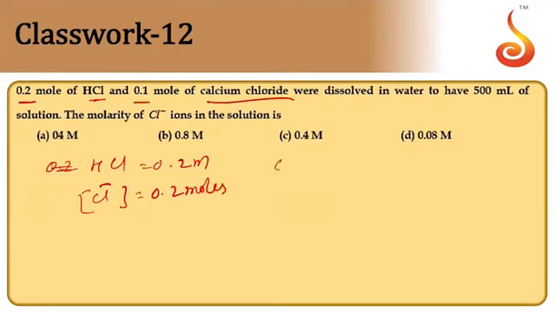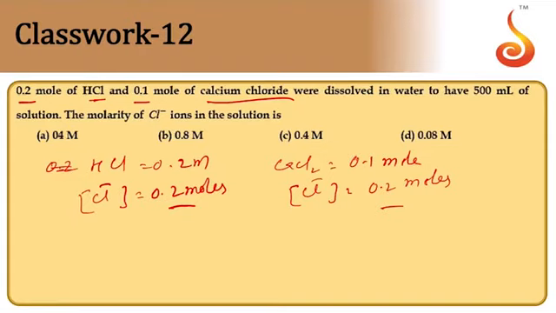CaCl2 is 0.1 mole. This implies Cl minus ions coming from this will be equal to 0.2 moles. So the total number of moles of Cl minus ions is 0.2 moles here and 0.2 moles here, totally 0.4 moles.